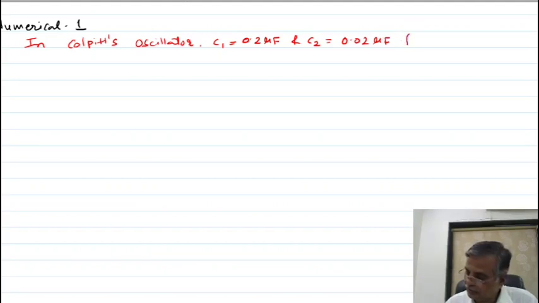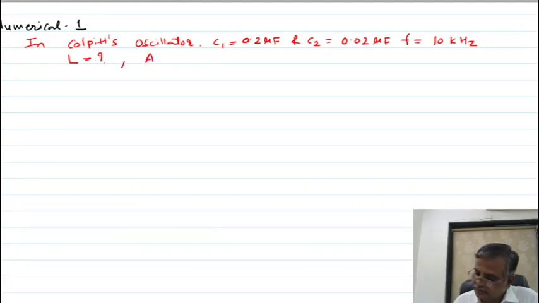If the frequency of oscillation is 10 kilohertz, find the value of the inductor. Also find the required gain for the oscillation. Answer.